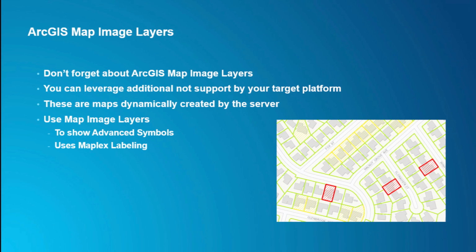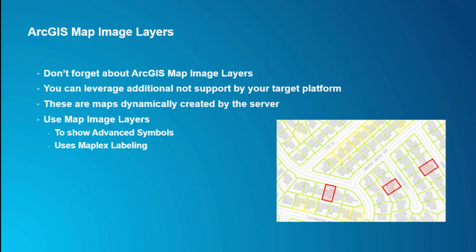Another thing we want to talk about is the ArcGIS map image layers. These used to be called dynamic map services. Now as a system, we're calling them map image layers. I just wanted to bring them up because I don't want you to forget about them. Runtime has a subset of the functionality of Pro, and ArcGIS Online and the web APIs have a subset of that functionality.